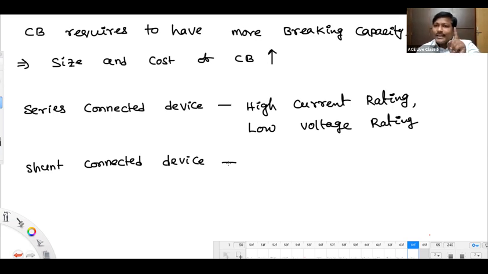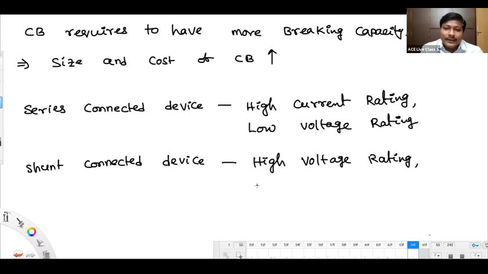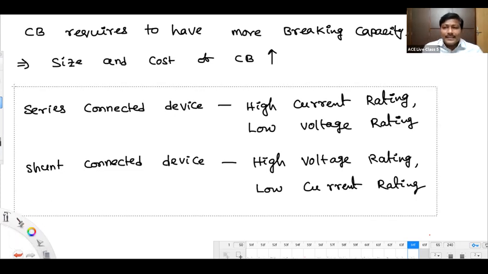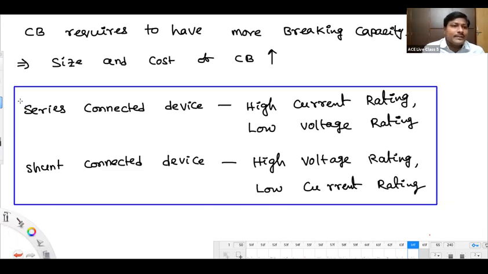If you are designing it with a high voltage rating, you should keep the current rating of the device low. So a shunt connected device should have a high voltage rating because it is experiencing the system voltage, and it should have a low current rating. These are the basic properties of the series and the shunt connected devices.